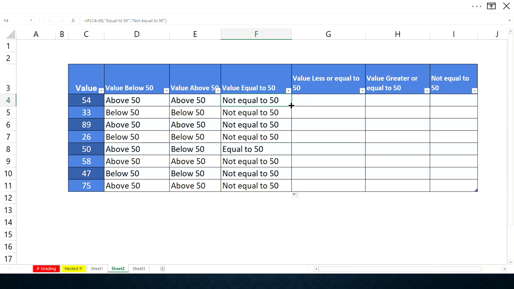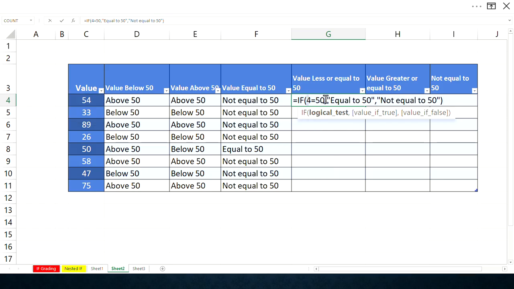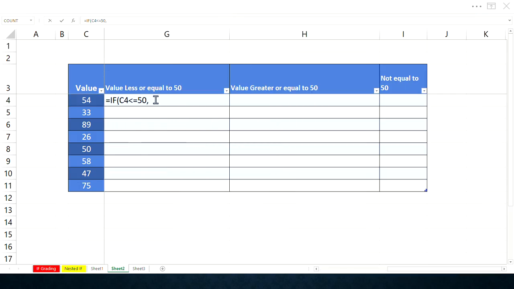Then we can modify it to test for a value less or equal to 50. The test value, is it less or equal to 50? So in this case, we are checking whether a value is less or equal to 50.